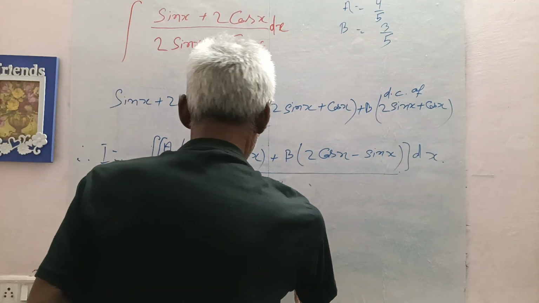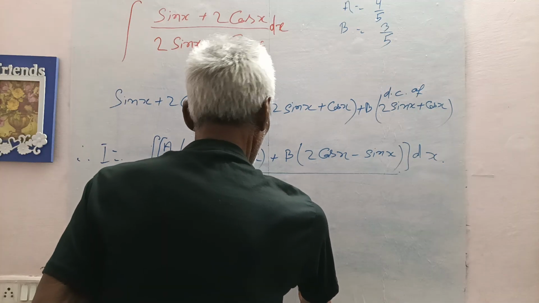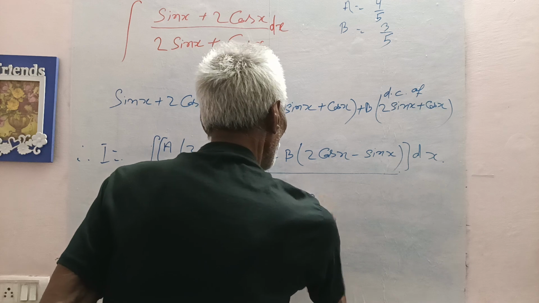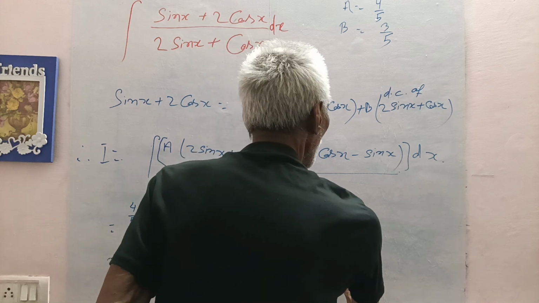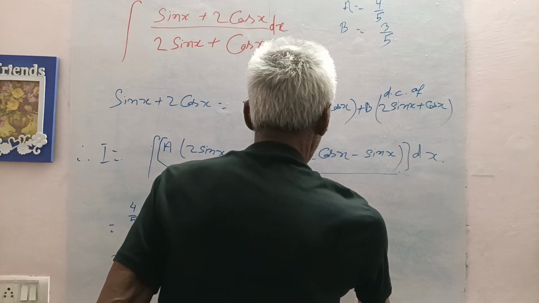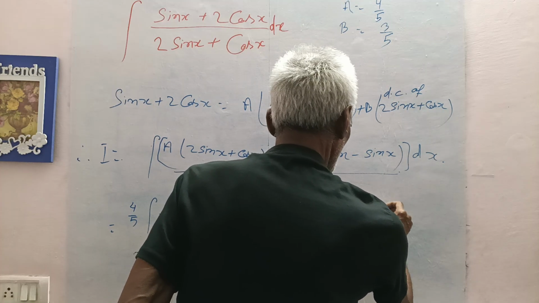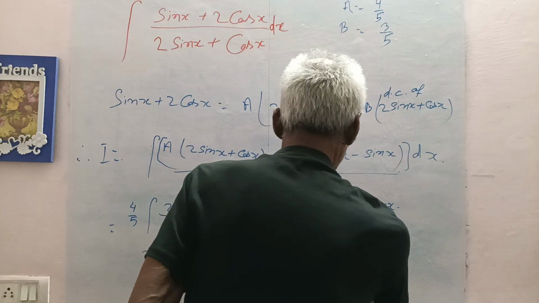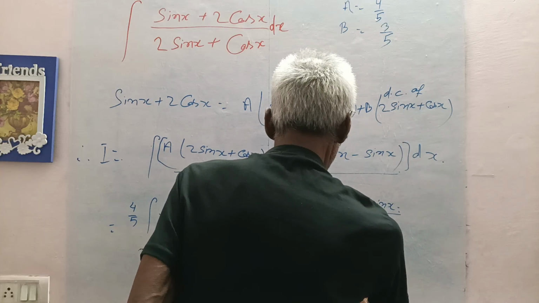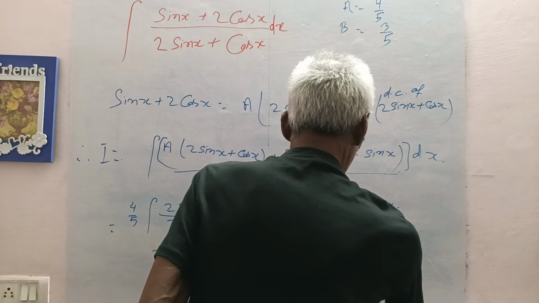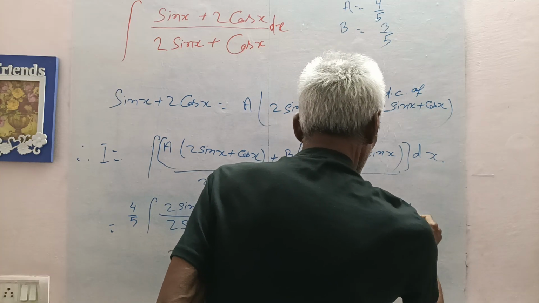And for b, write 3/5, (2 cos x minus sin x) by (2 sin x plus cos x) dx.